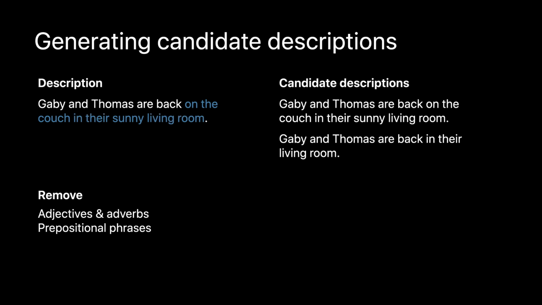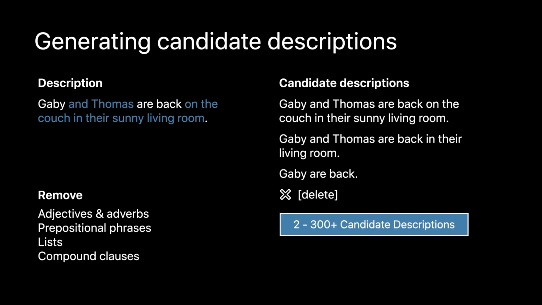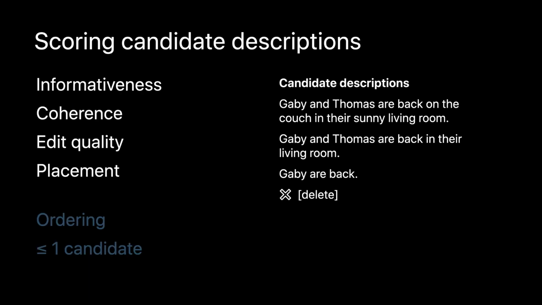Finally, we can remove members of lists and compound clauses. So here I'll remove and Thomas to get Gabby are back, which doesn't make sense now, but we'll get back to it later. And then finally, we can delete descriptions. In total, we'll have 200 to 300 plus candidates per each description, considering all possible edit combinations.